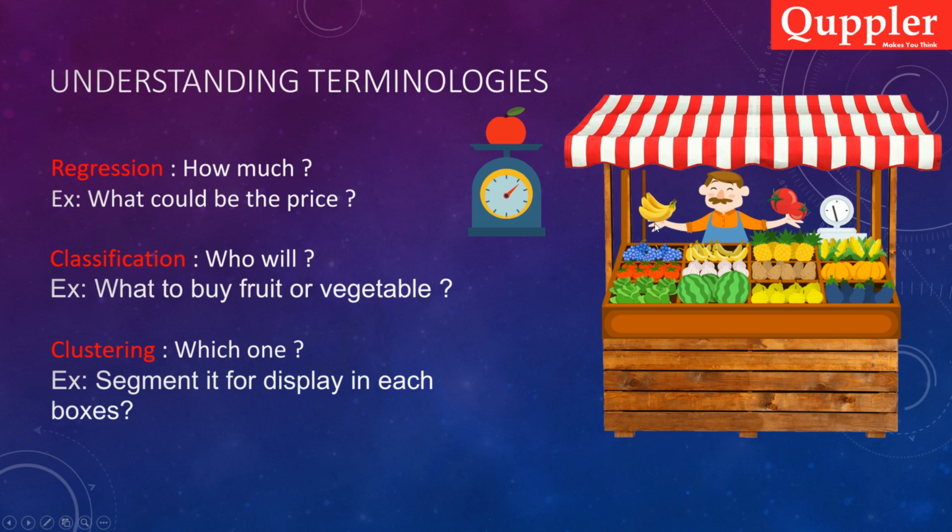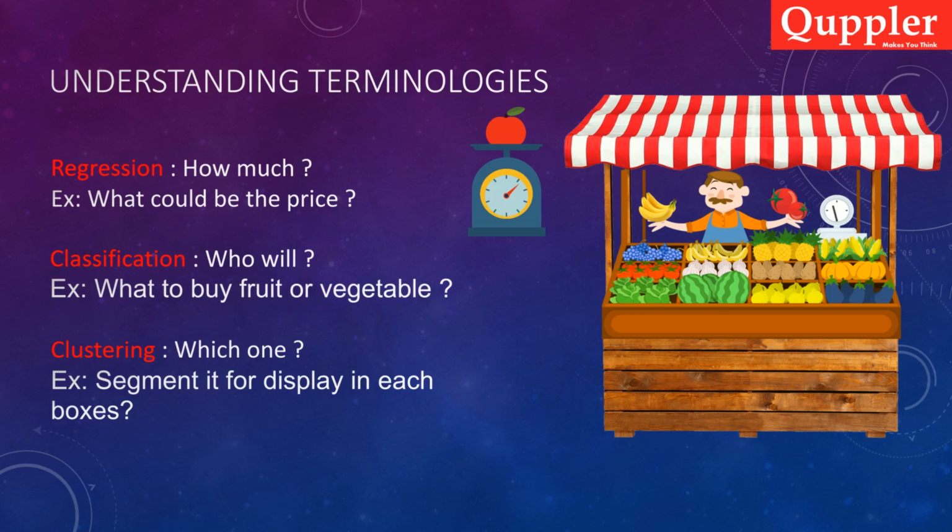If I have to choose between fruit or vegetable, then I need to choose between the two. That gives me a categorical prediction about whether I'm going to buy the fruit or not, or the vegetable or not. That is the kind of prediction we make in a categorical format. This is what classification means.